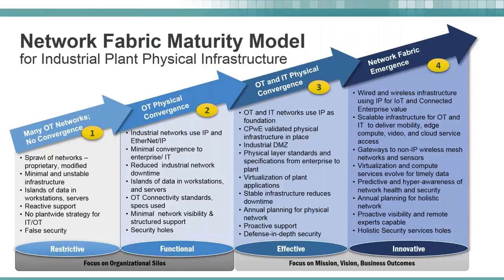So that's the network maturity model, and most customers find themselves somewhere between 1 and 2. Some of the more progressive manufacturing plants have taken advantage of the CPWE and are over in level 3, and some are now pushing that envelope and moving into the network fabric emergence stage.